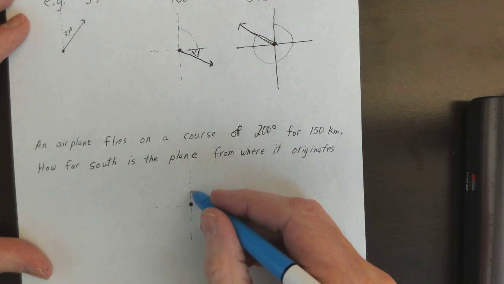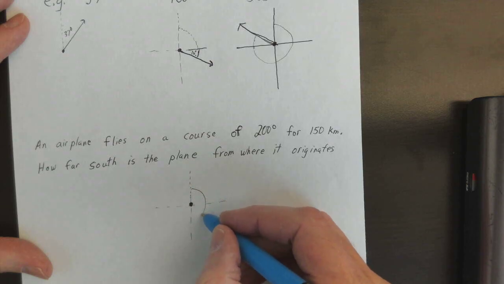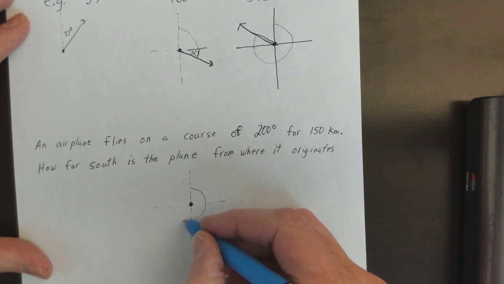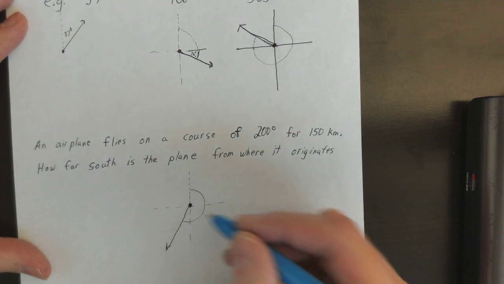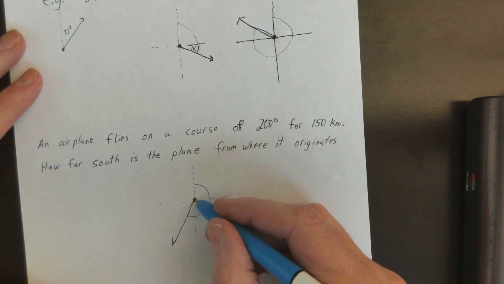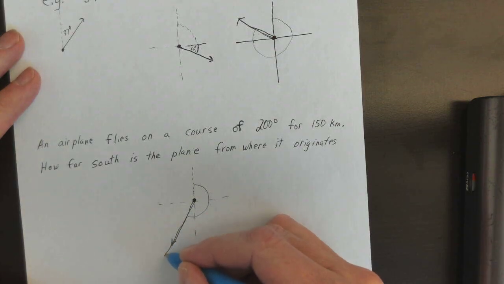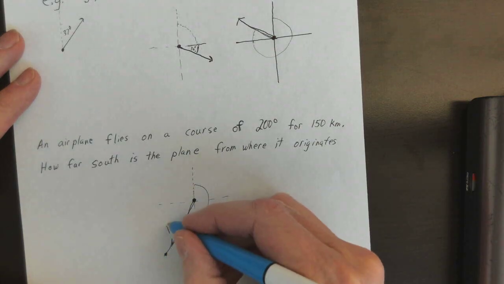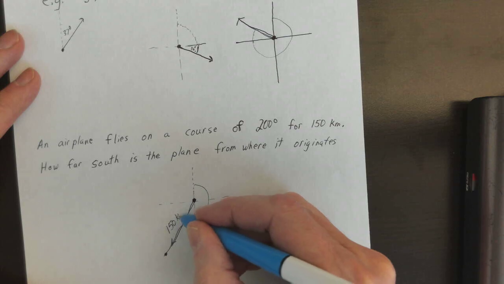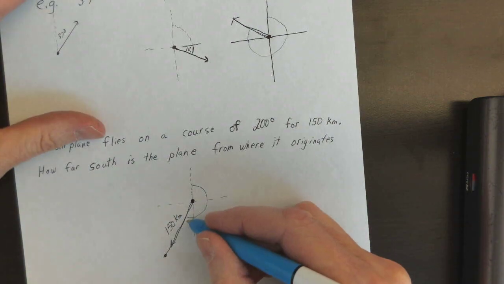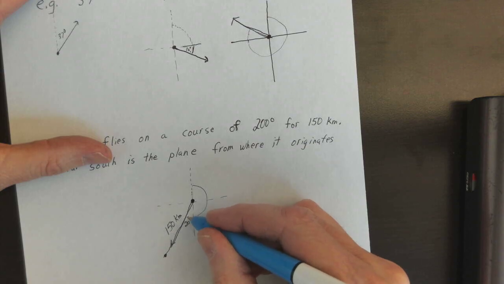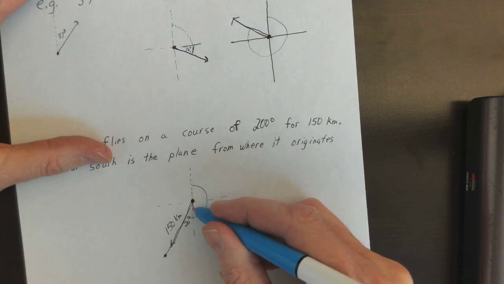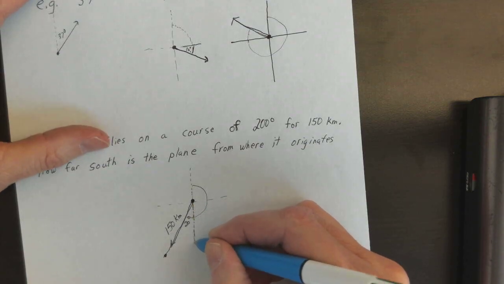So we start up here and go like this. This is 180 and 20 more. So that's 200 degrees. And we have flown for 150 kilometers. Let's get some of these angles in here. This is a 20-degree angle right there.